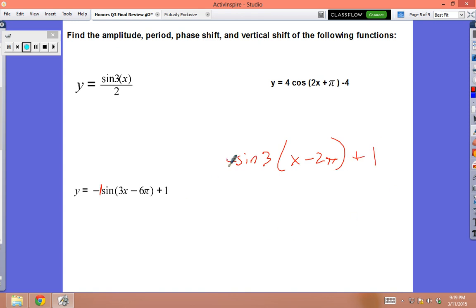So my amplitude is 1. My period is 360 divided by 3. So my period is 120. My phase shift is 2 pi to the right, or 360 to the right.